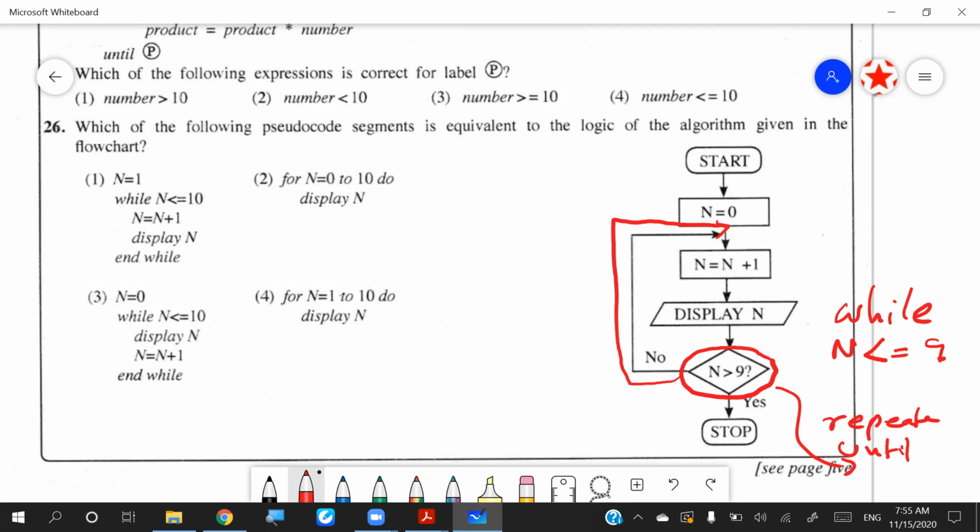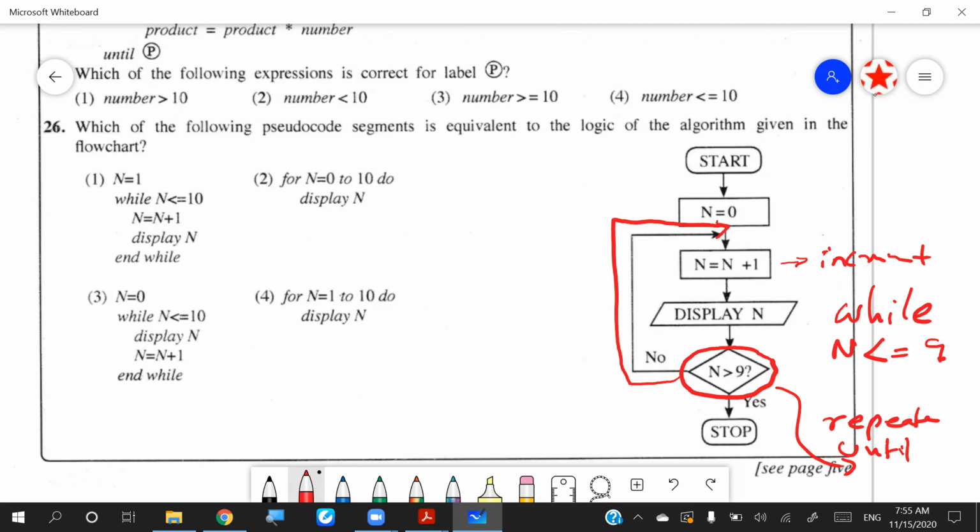Keep that in mind, and we have to see how it really happens. Since n is increasing from 0 to 9, this gives you the idea of increment. And if you are using a for loop, then you have to use the incrementing method.